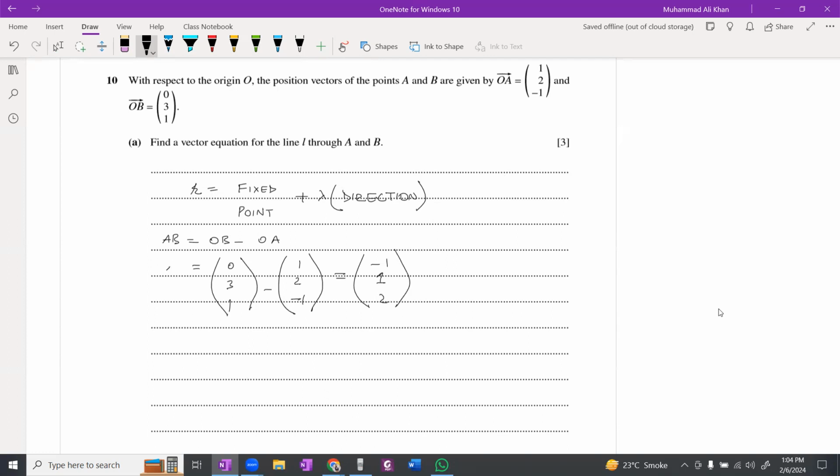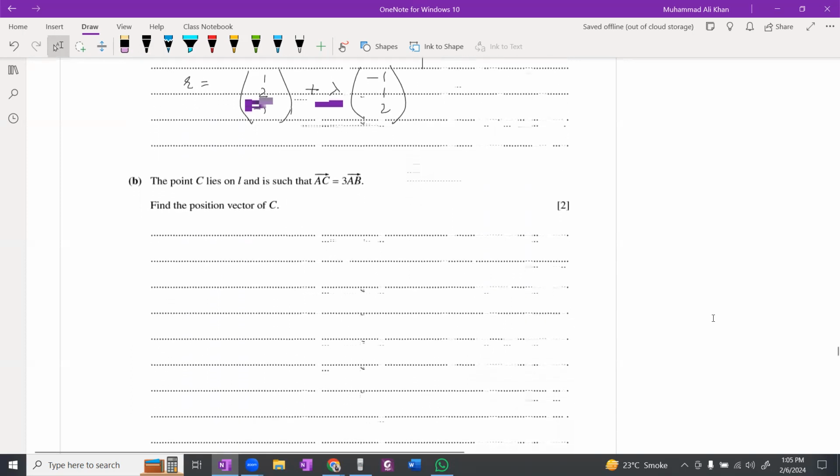This is the direction vector of line AB. Therefore, the equation will be any fixed point 1, 2, minus 1, I took the fixed point from A, plus lambda times minus 1, 1, 2. This is the equation of the line in vector form.